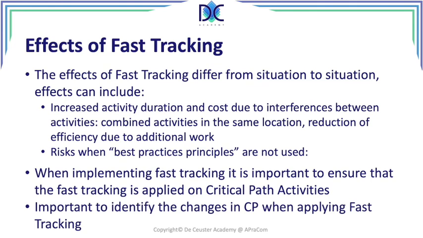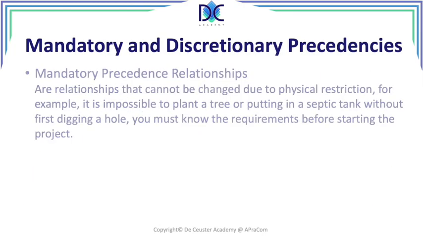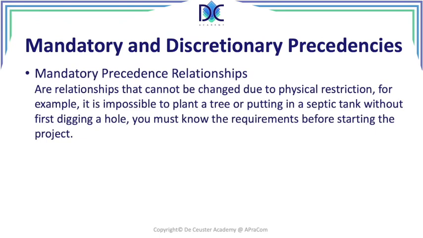The same as when we do activity crashing, we may have effects on the critical path, and we have to be sure that the critical path we have been considering is still the critical path when we apply fast tracking or crashing.